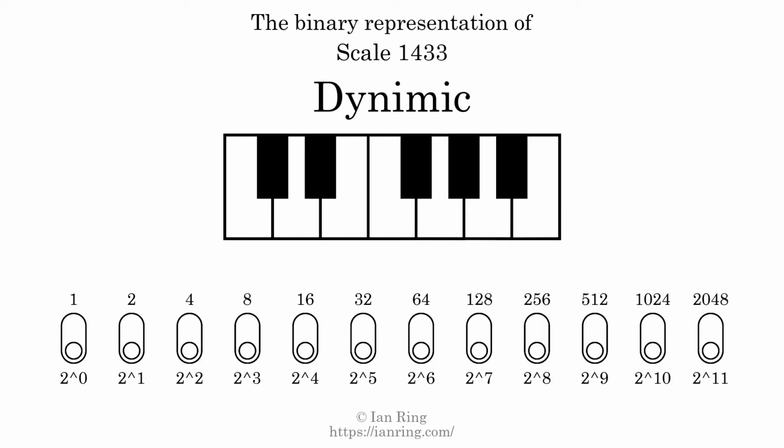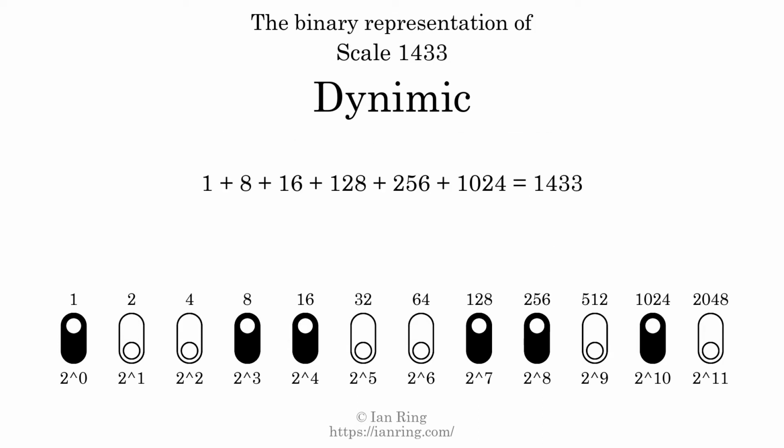The binary representation of this scale is determined by mapping tones of the scale to binary digits. Each binary digit represents a power of 2. To get the scale number, we add the powers of 2 together. The powers of 2 that are present in the scale, all added together, equals 1433.